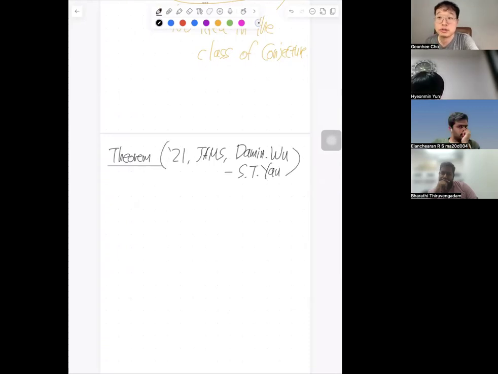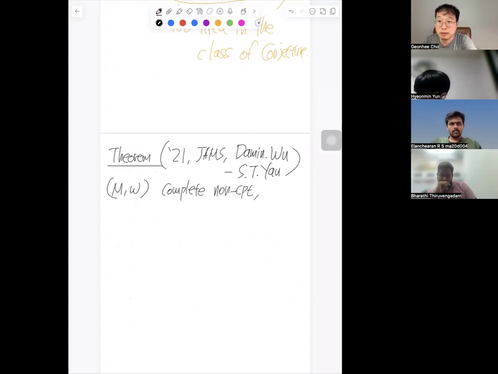Let's appreciate this result. Let's start from (M, omega), with all the same conditions: complete, non-compact, like imagine the complex hyperbolic space, simply connected, and Riemannian sectional curvature is negatively pinched.